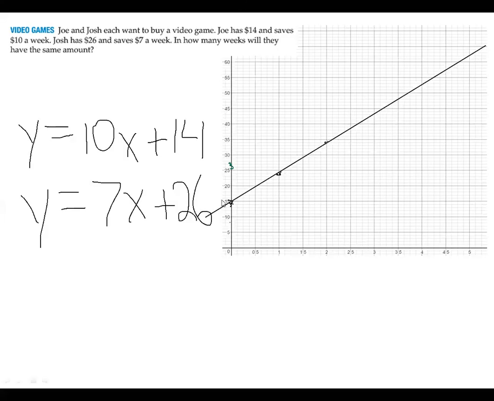So then you start at 26 and go up 7 over 1. So if you went up 7, that would be about 33, and over 1 would be right about here. Then if you went up 7 again, that would be at 40, which is right here, so over 1. And then you have a couple points, so you could get the line.